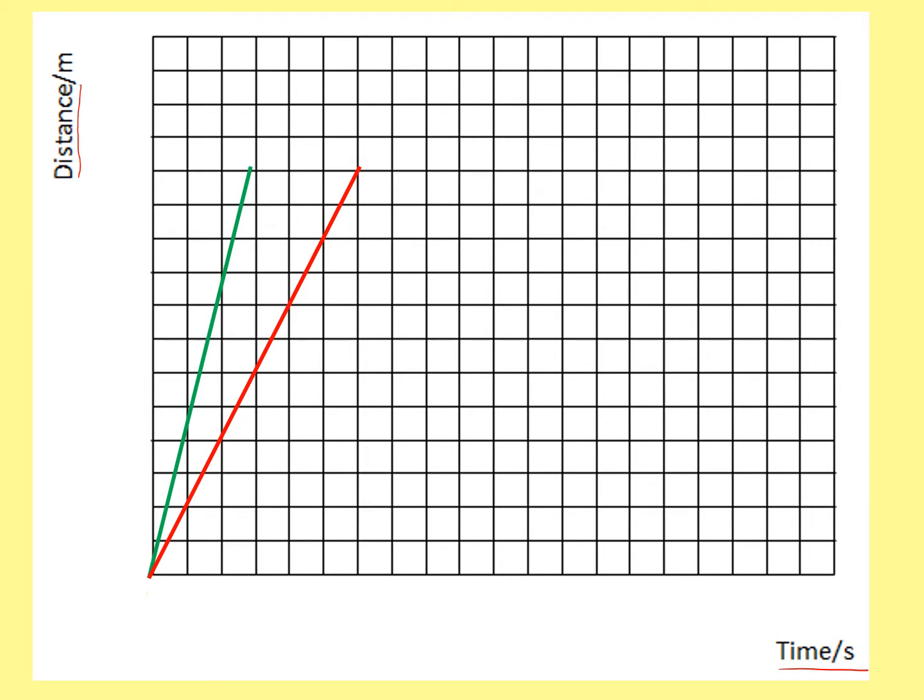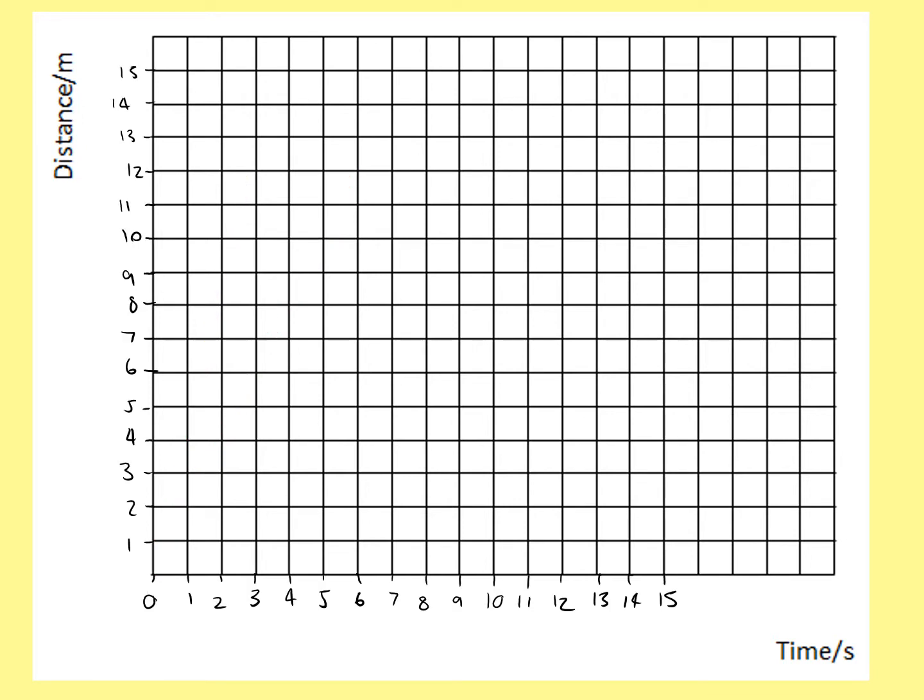I want you to pause the video and see if you can think of anything you could say about those two lines. Could you compare the speed of them, even without doing any calculation? Could you do a calculation? Could you find the speed of both of them? Let's have a look then.